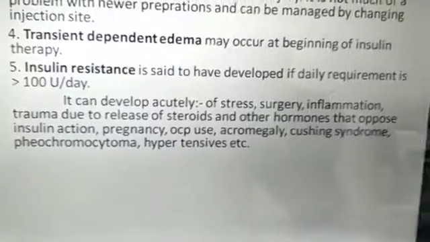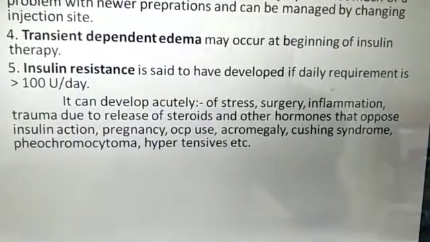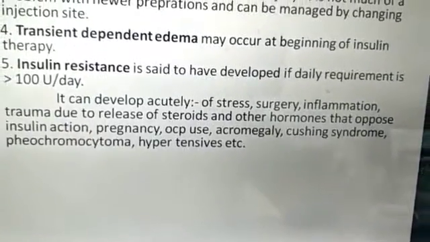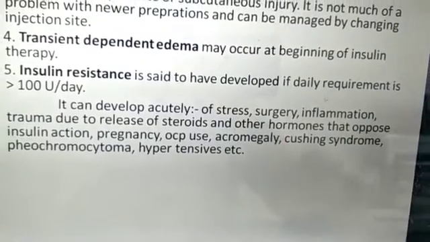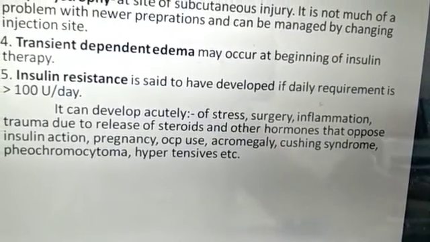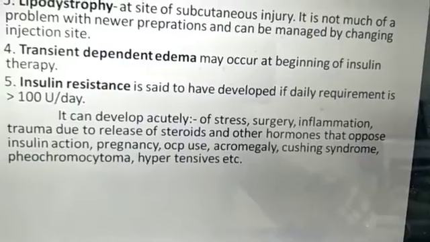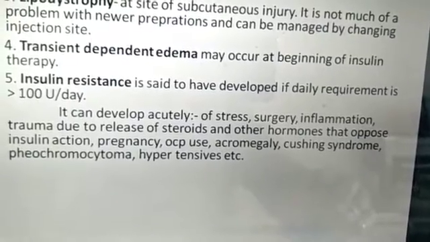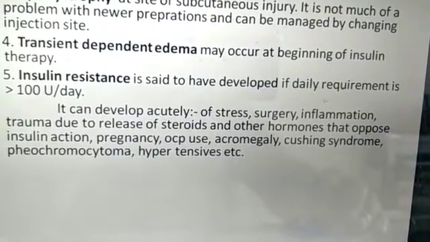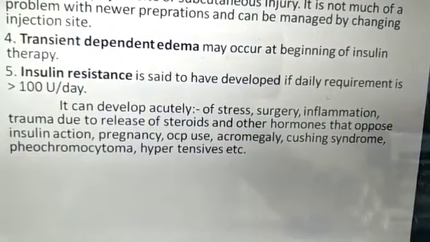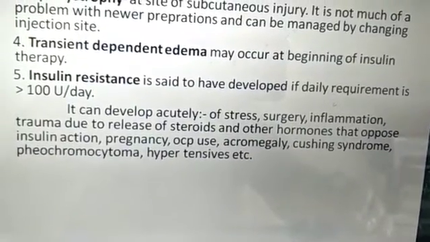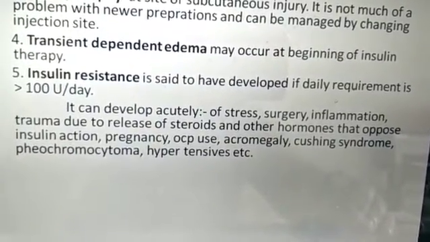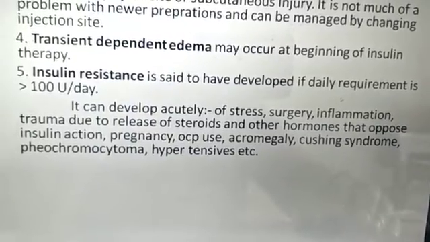It can be acute resistance due to some stress, surgery, inflammation, trauma, or release of hormones that can oppose the action of insulin, like steroids. It can occur in pregnancy, with the use of oral contraceptives, Cushing syndrome, acromegaly, pheochromocytoma, and in hypertensives.